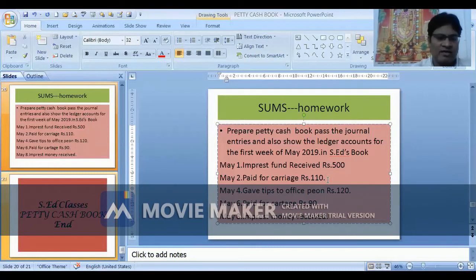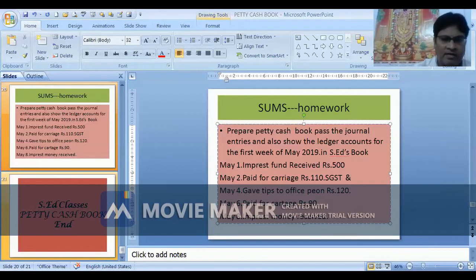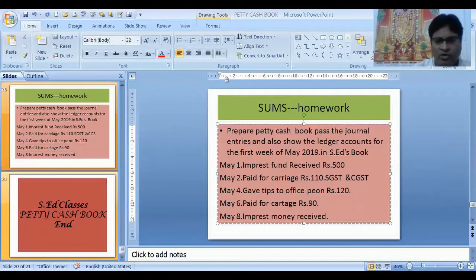So making it 6%. And the imprest money is also received in the sum. I am changing the figure a little bit, 100 rupees, so it will become easier to calculate.